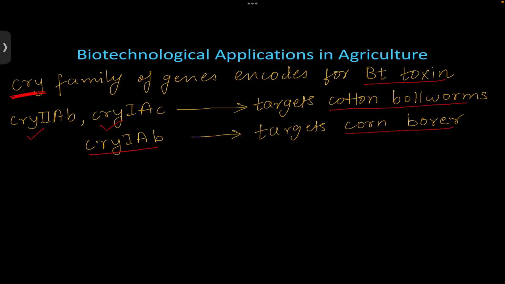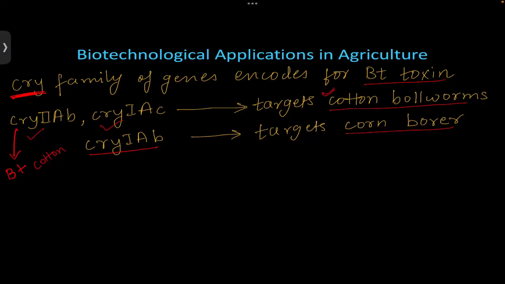So when these genes, when they say Cry2AB or Cry1AC, are incorporated in the cotton plant, then the plant will be called Bt cotton. Okay, because now the cotton plant will start producing the Bt toxin, which will ultimately kill the pest cotton bollworm.